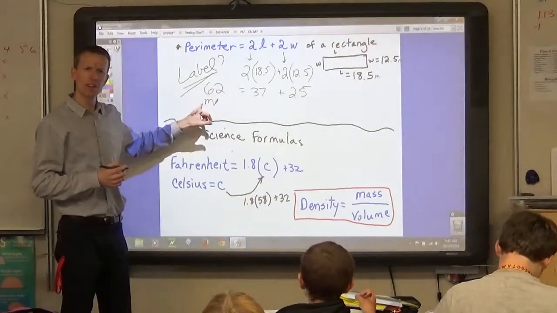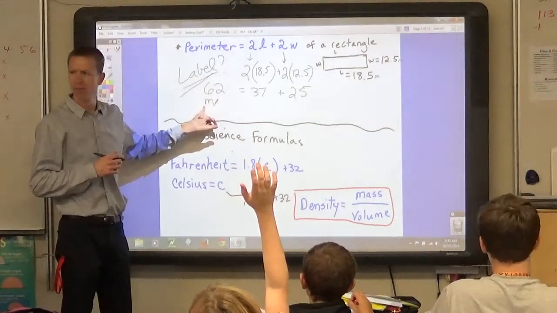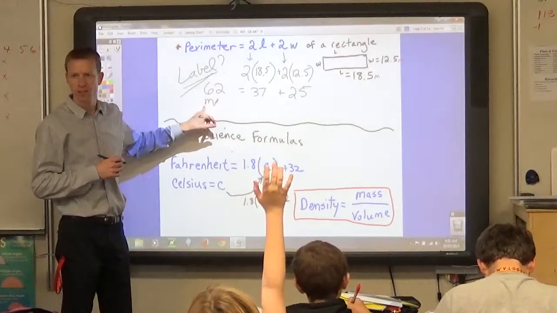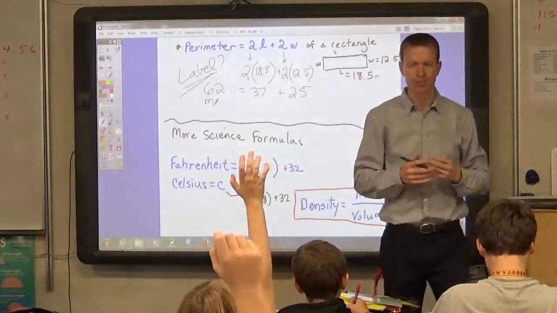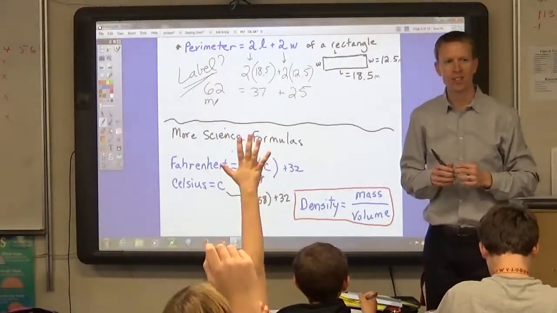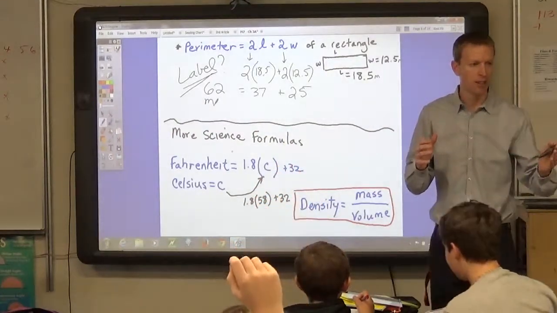Not meters squared? No. Why isn't it meters squared? Because there's no 2. When do we use a square unit? If we're finding what of the figure? James. The area.